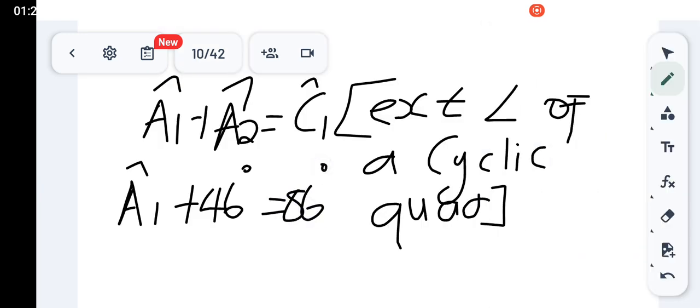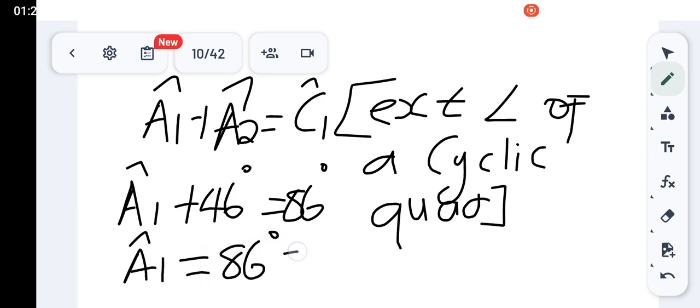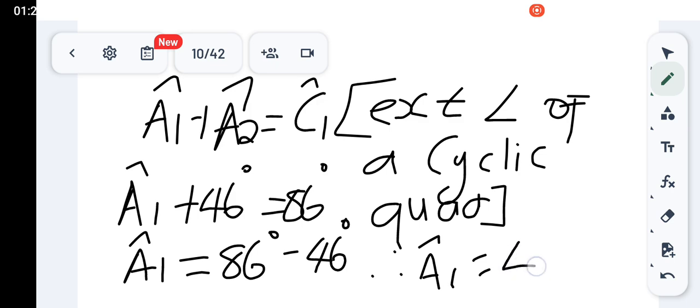We can transpose 46 degrees to the other side, and therefore angle A1 is definitely equal to 86 minus 46. I think that's 40. Yes, 40 degrees. That is angle A1.